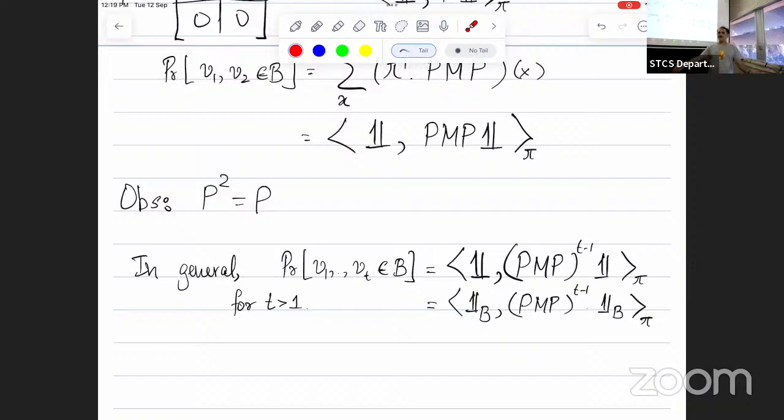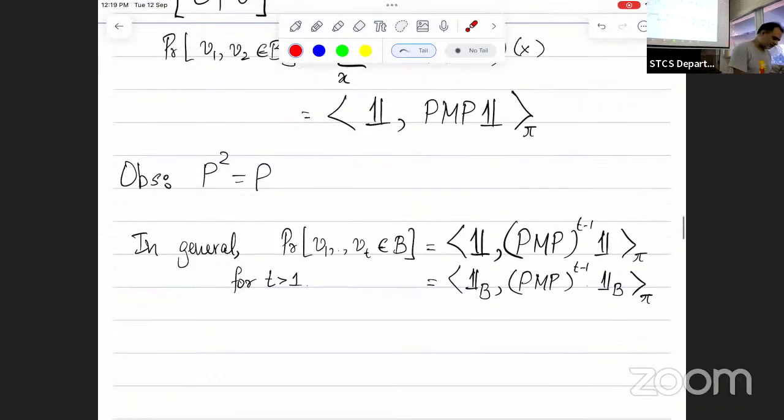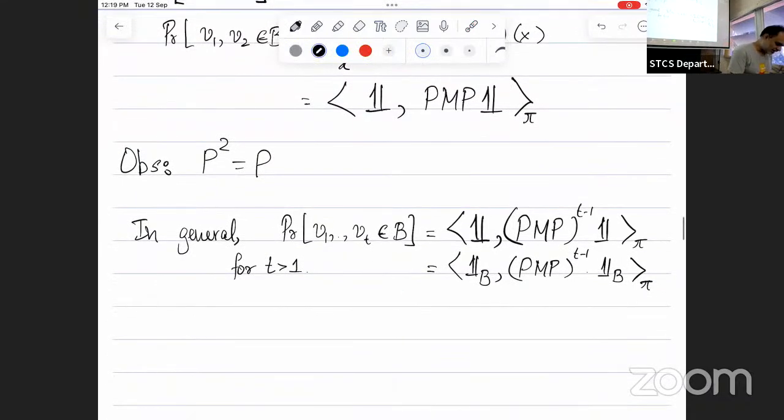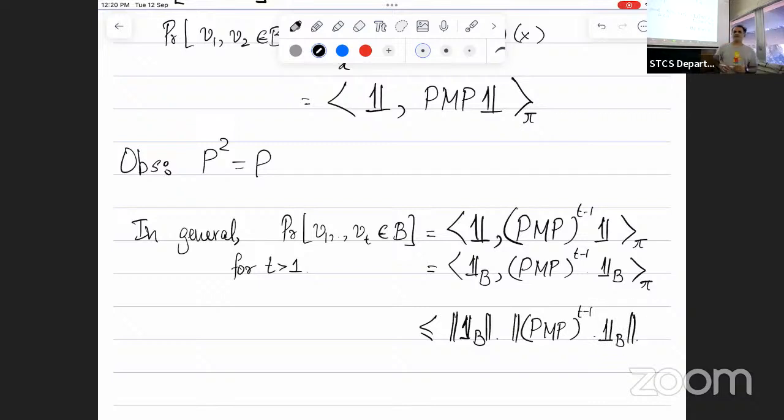The only things that contribute are those coordinates that are inside the set B. So far so good. And by Cauchy-Schwarz, this is at most the norm of 1B times the norm of PMP to the power t minus 1 times 1B. This is just Cauchy-Schwarz.